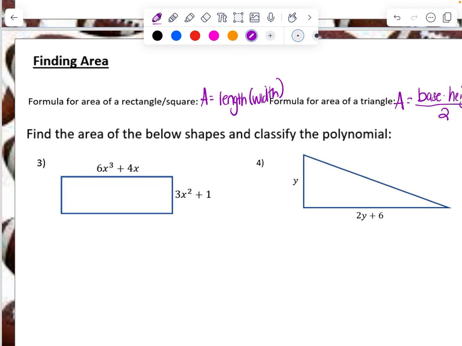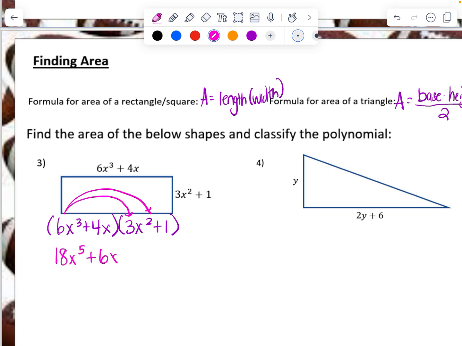So if I'm going to find the area of 6x cubed plus 4x times 3x squared plus 1, I'm going to multiply 6x cubed times 3x squared. So I have 18x to the 5th. 6x cubed times 1 is 6x cubed. 4x times 3x squared is 12x cubed.